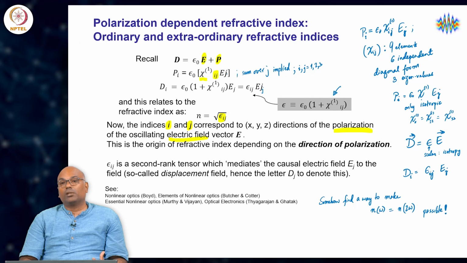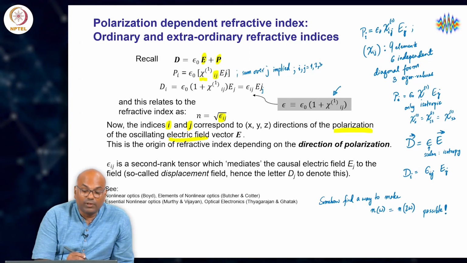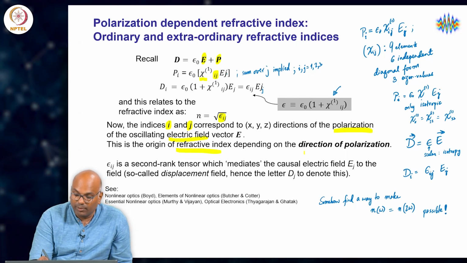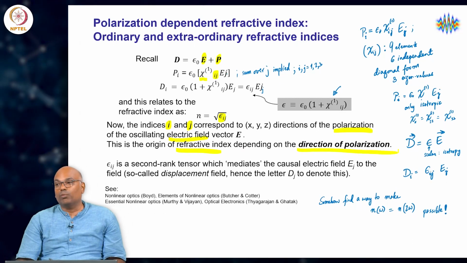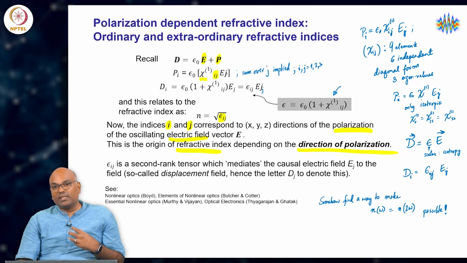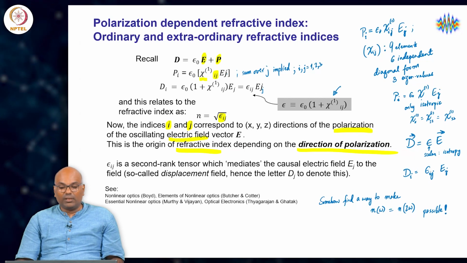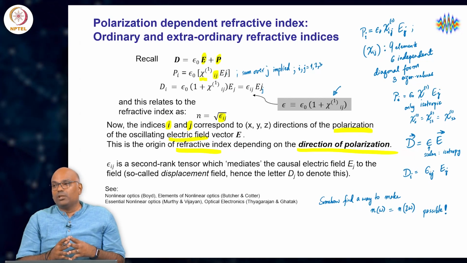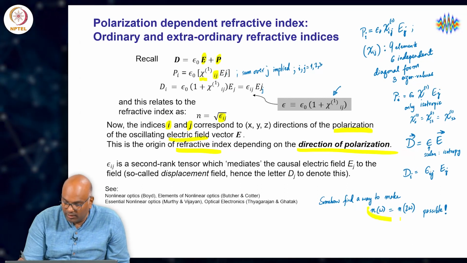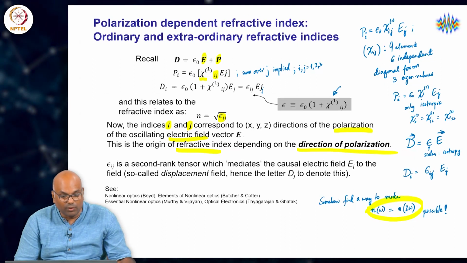We did not consider its vectorial nature at all. Now, for the first time in this course, we are encountering the scenario where refractive index depends on the direction of polarization, or more specifically here linear polarization. This gives us an additional knob to tune refractive index. Can we exploit this for realizing the holy grail, that is n at omega equal to n at 2 omega? Let us see, that is the whole idea.